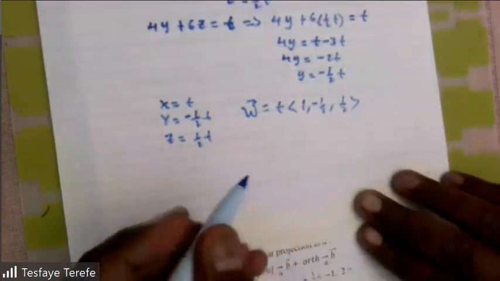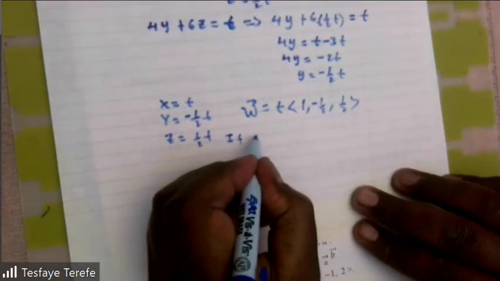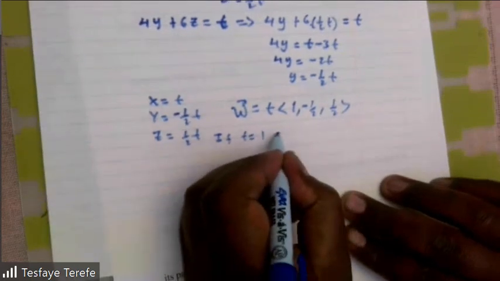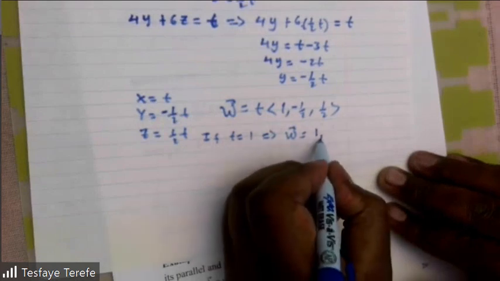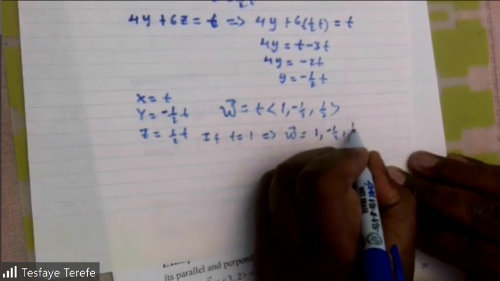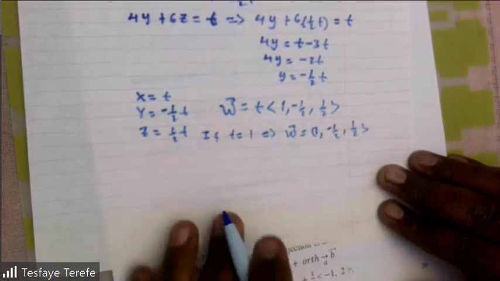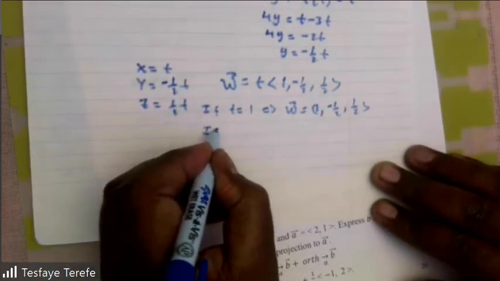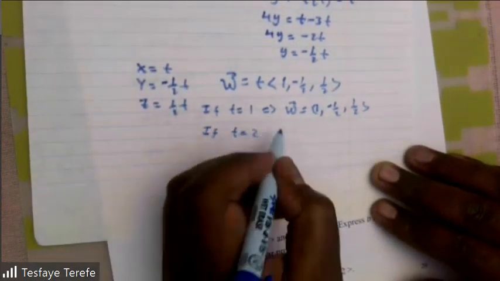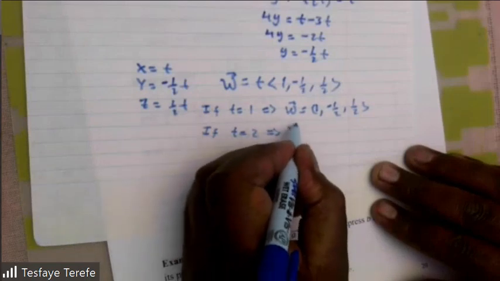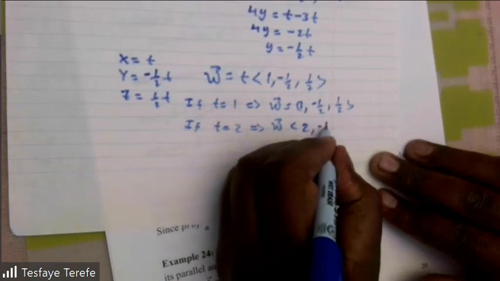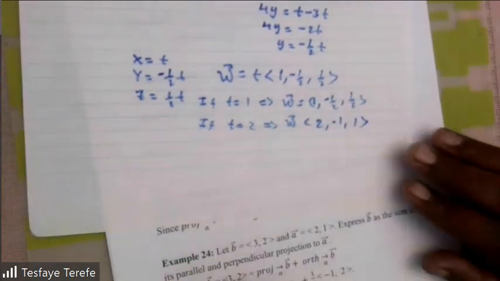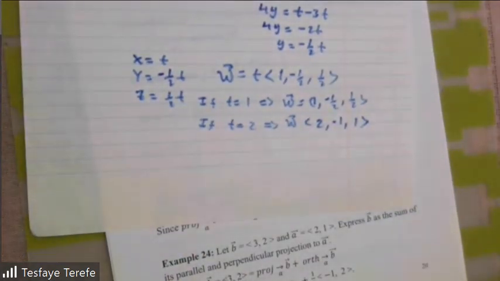If T is equal to 1, for example, vector w is going to be 1, -1/2, and 1/2. And if T is equal to 2, if I want to get integers, then I have 2, -1, and 1. So I get infinitely many orthogonal vectors.